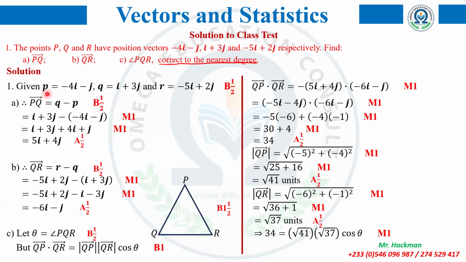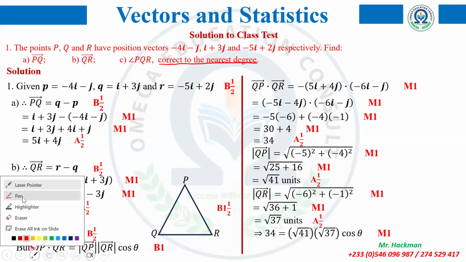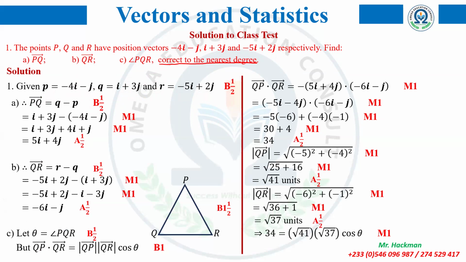So at this point, these are position vectors in the Cartesian form, and you extract all of them. However, take note: when you are extracting vectors in the Cartesian form, any letter that you see in bold in printing indicates the vector nature.